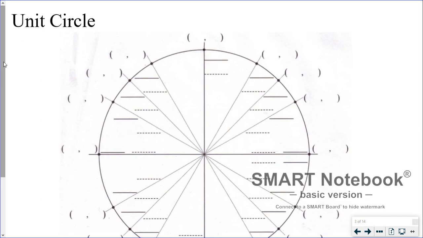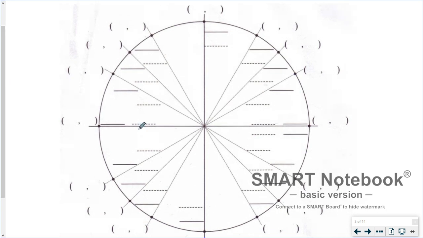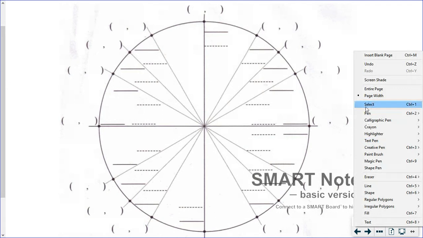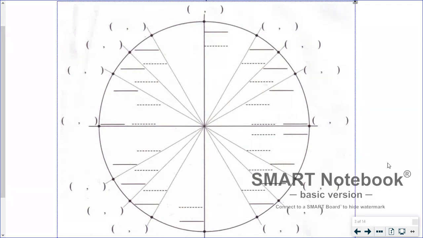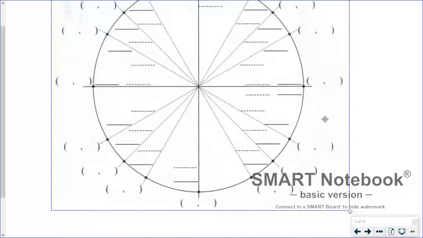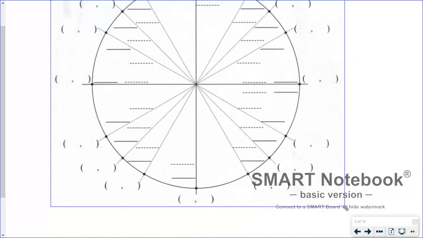Okay, so this is what the unit circle looks like blank. All right, so let me make this a little bit smaller so we can see the whole thing. What's that?